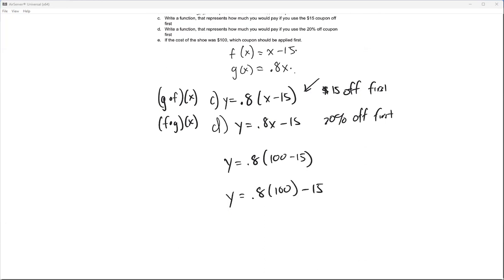So this is what, 85, 85 times 0.8 is what? 68. And then this is 80 minus 15 would be 65, right? So when you do this one first, you would take the 20% off first and then do the $15 coupon.